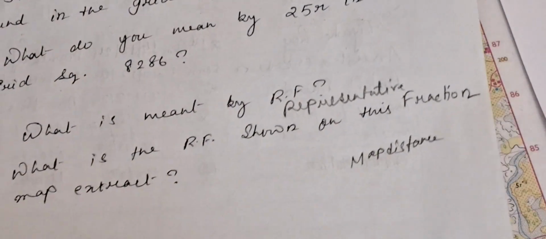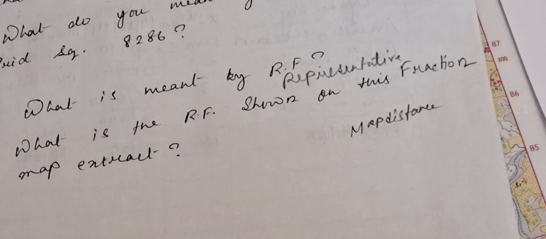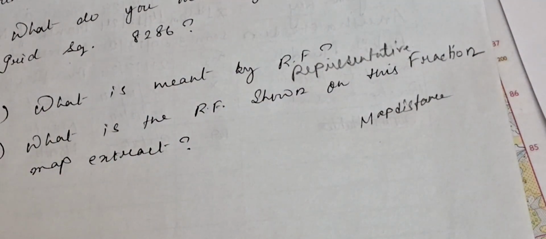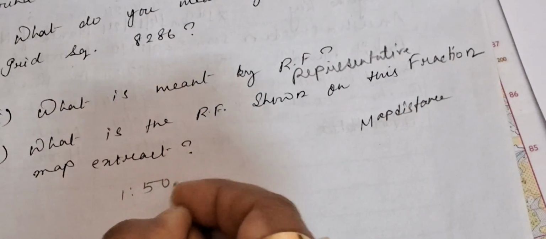The next question is, what is the RF shown on this map extract? So on the map extract, the RF is 1:50,000.